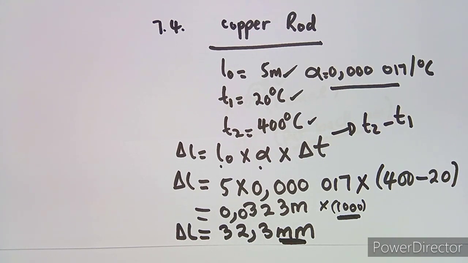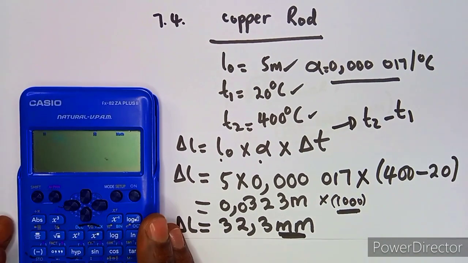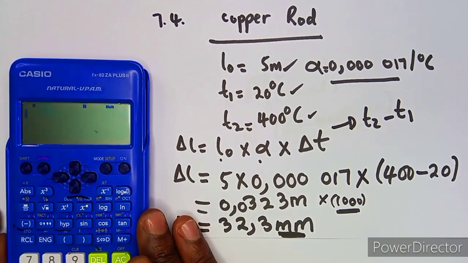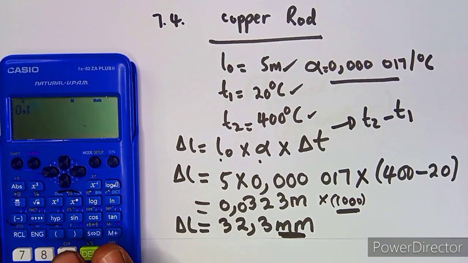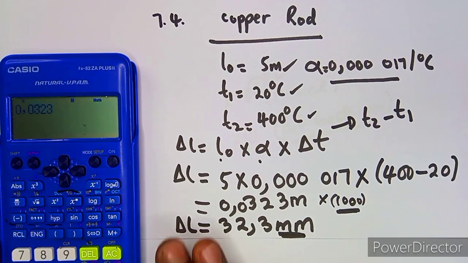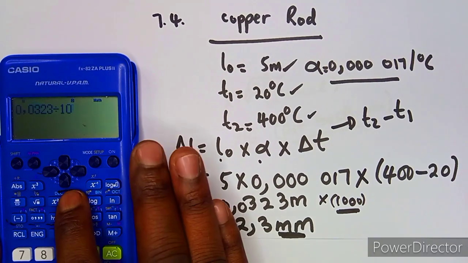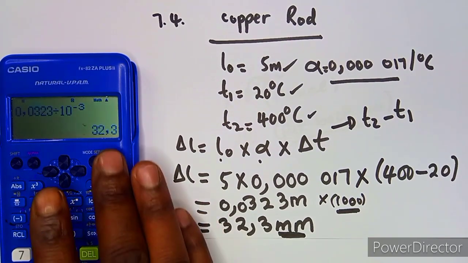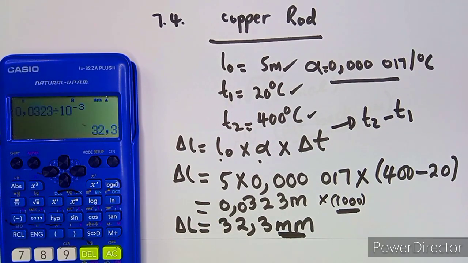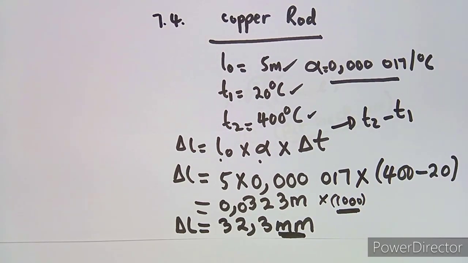That's the easiest way, actually, because you multiplied to obtain that, so you can divide like this. 0.0323 divided by 10 to the exponent minus 3, as it was. Still you're going to obtain the same answer of 32.3. So it's a matter of the way that you want to do this.